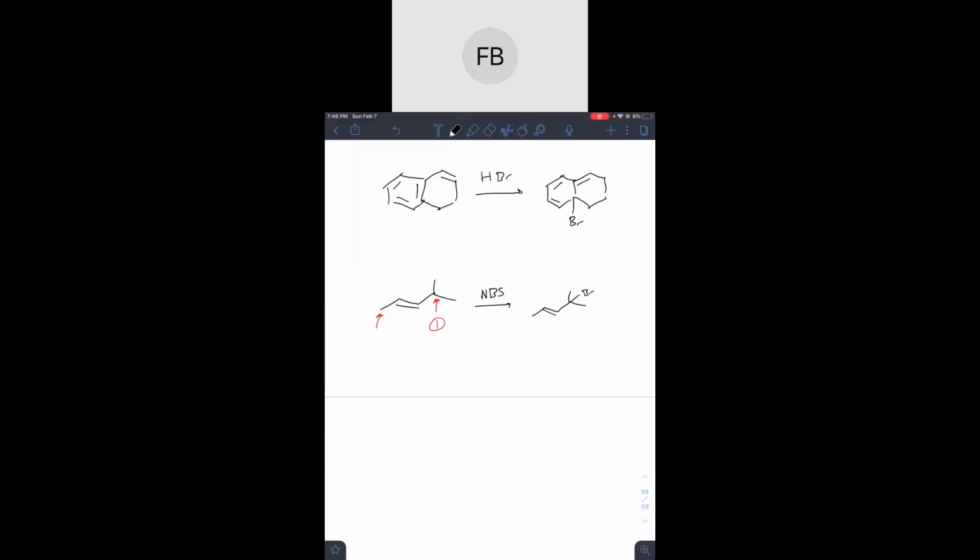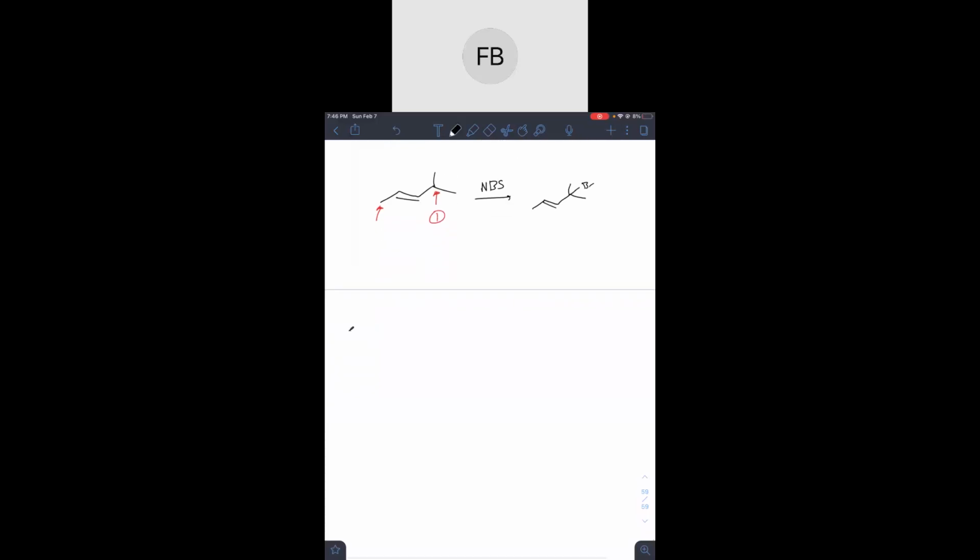E. So here we have benzene. Now this is reacting with Na2Cr2O7. So what that's going to do, it's going to attack all of our alkyl groups, cut them off, and put a CO2H in place.